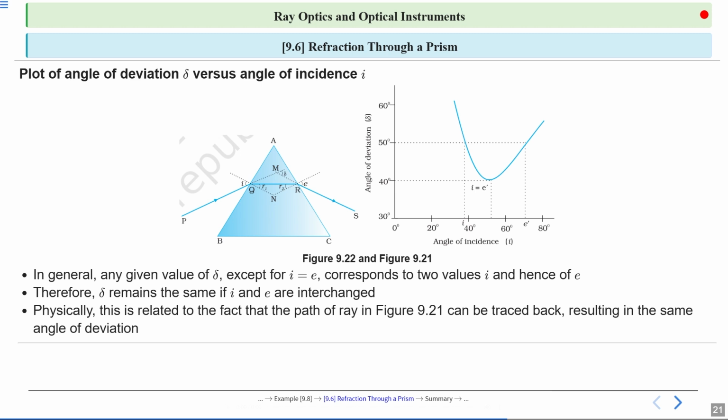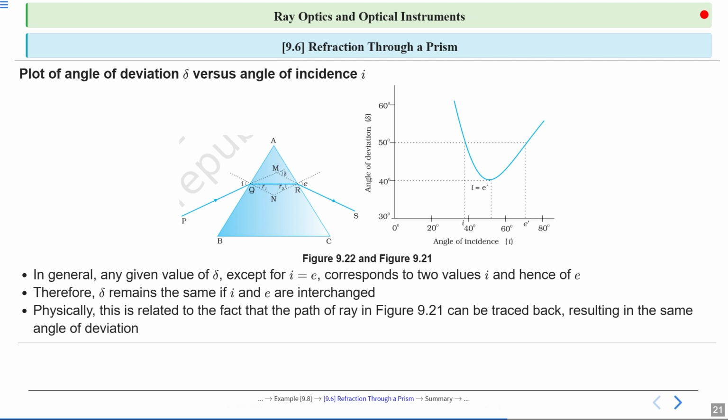It will trace its original path. So this is its meaning physically. Physically, this symmetry is due to the reversible nature of light paths. If you trace the ray's path backward in figure 9.21, you will find the angle of deviation remains the same.